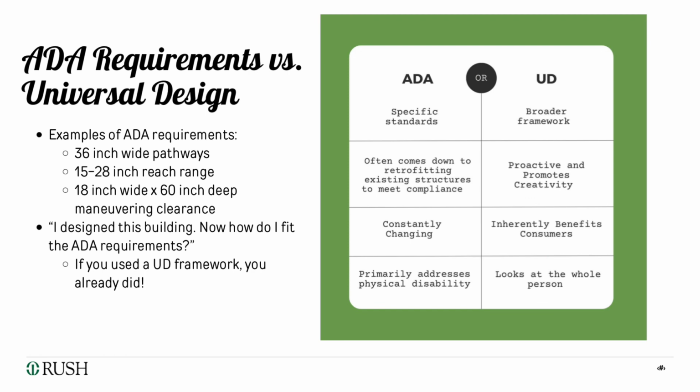So essentially, universal design encompasses those ADA requirements, but goes beyond that and is much more of a framework for thinking and ensuring that all consumers are happy and addressed within your space. So if you designed a building with universal design principles in mind, you already met or exceed ADA requirements.